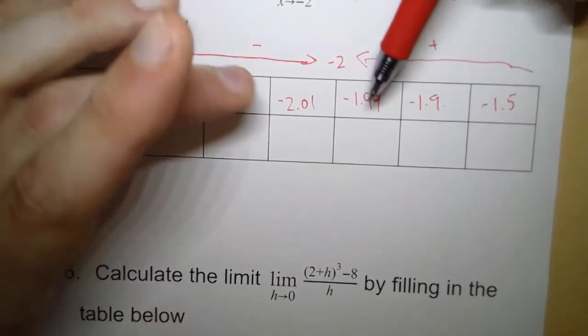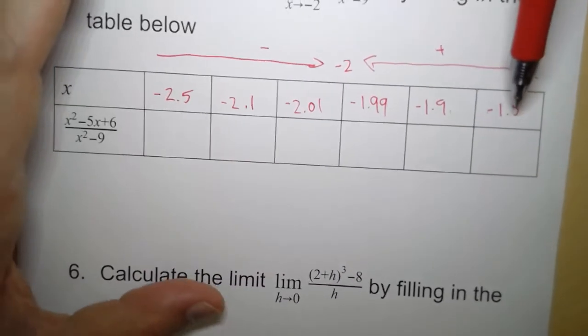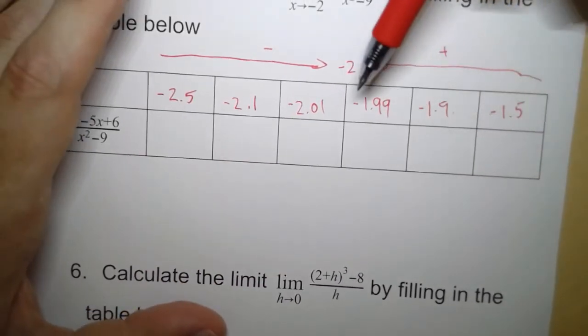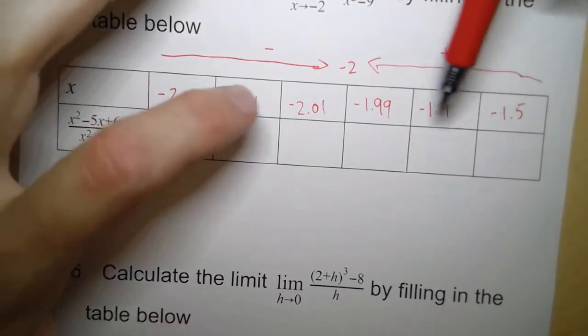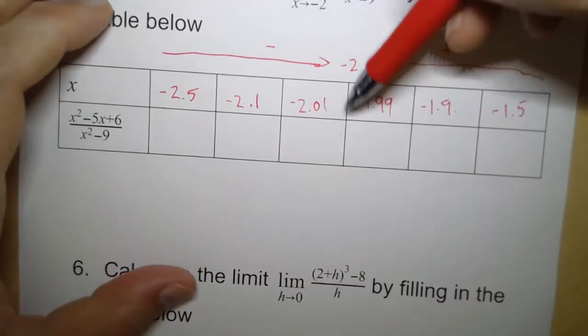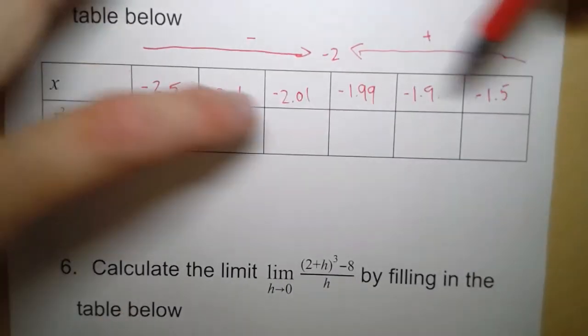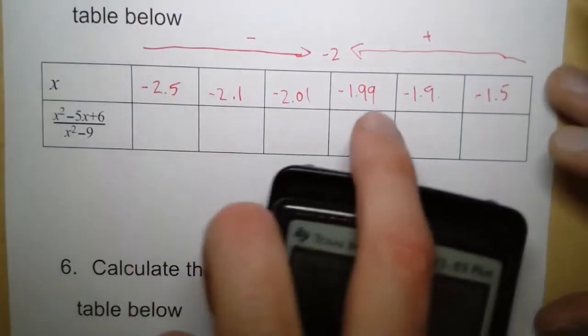You could have picked -1.99, -1.98, -1.97. Some people prefer to have equal increments. My preference is to just get closer and have smaller increments. That doesn't make me right, doesn't make you wrong. But the key thing is that we want to be getting closer and closer to -2, both from the positive and from the negative side.